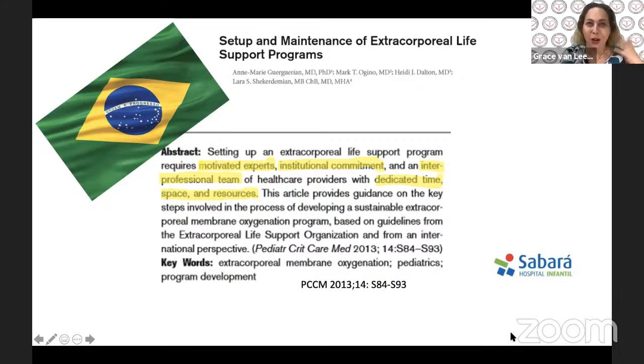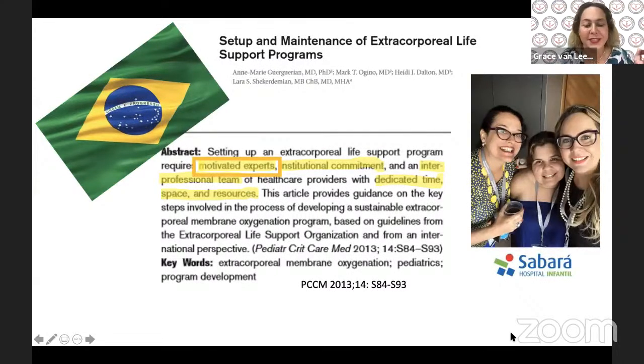When we were debriefing the case, we found it absolutely heartbreaking that the patient didn't get the chance to be on ECMO for maybe 2-3 days, and maybe he would have survived. So we decided that maybe it was time for our program to have an ECMO program.